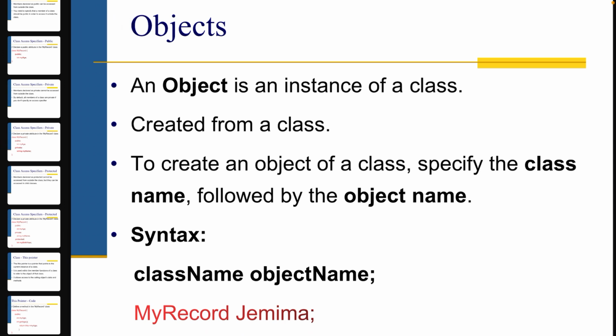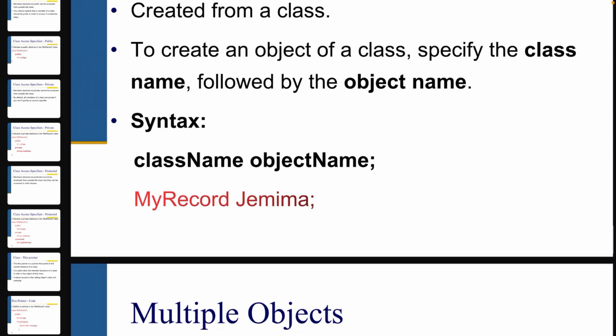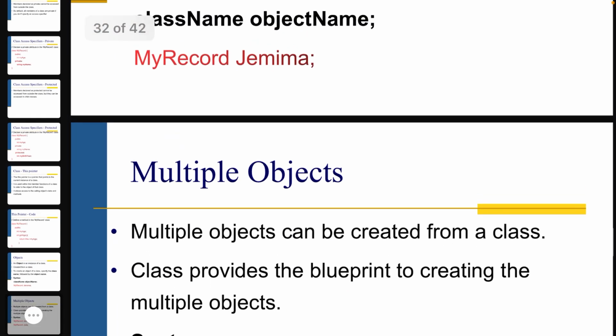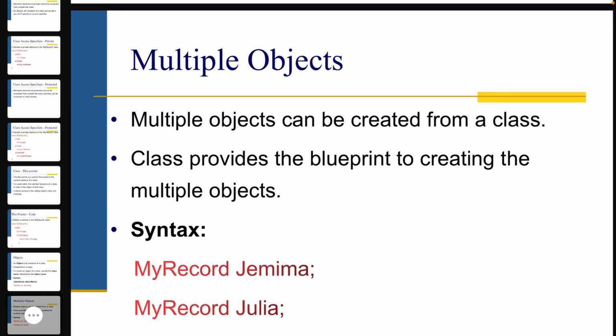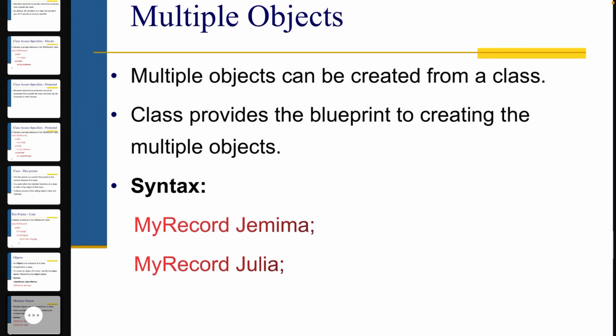Object. An object is an instance of a class created from a class. To create an object of a class, specify the class name followed by the object name. So this is the syntax for it. My record, then you write Jemima. Multiple objects can be created from a class.